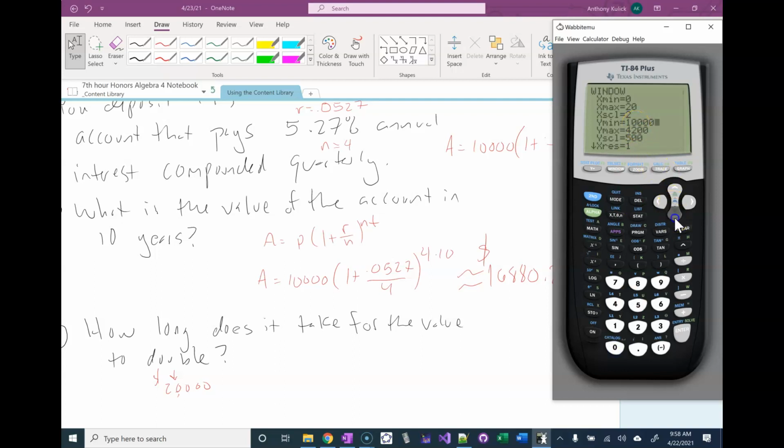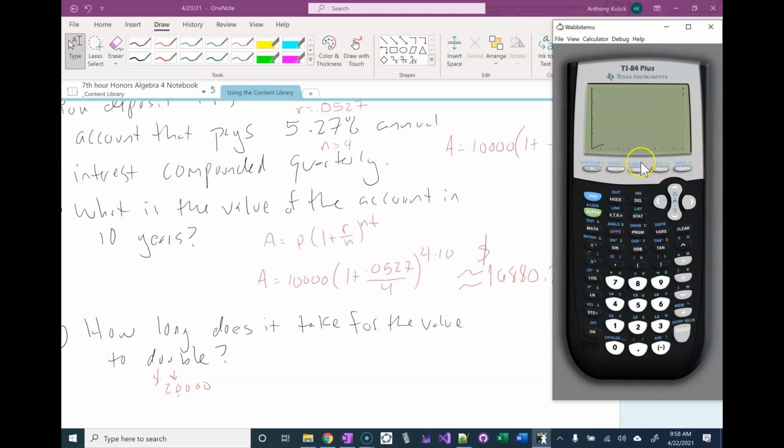It won't ever be worth less than that. And the maximum value, well, we need to see 20,000, so I'm just going to put 30,000 there, and maybe we'll go up by 5,000s. That should be fine.